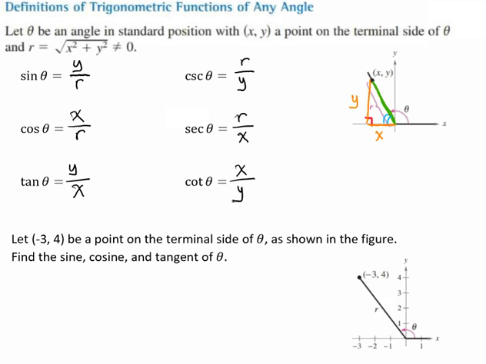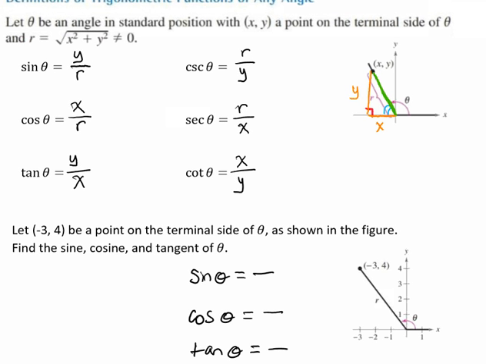In this example, we're going to let negative 3, 4 be a point on the terminal side of theta, as shown in the figure. We're going to find the sine, cosine, and tangent of theta. In order to do that, we're going to need the hypotenuse value, or our r value. So here we have our x and our y, and we have a right triangle.